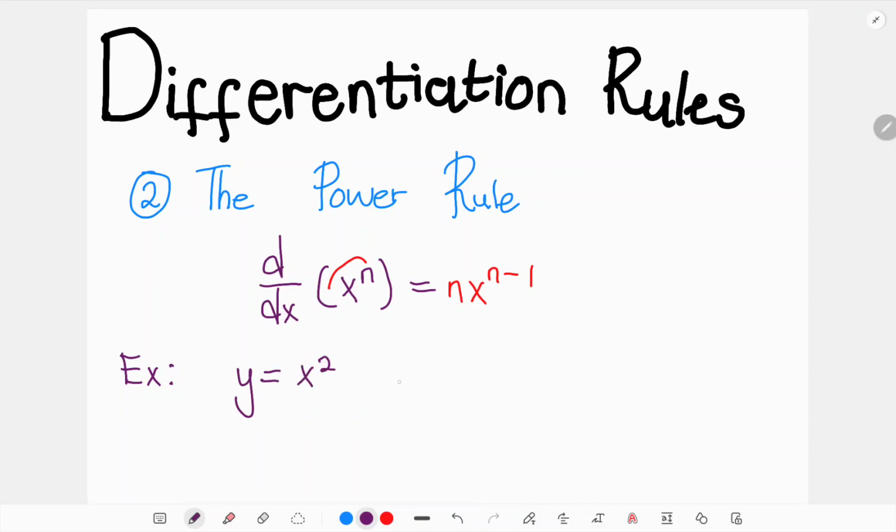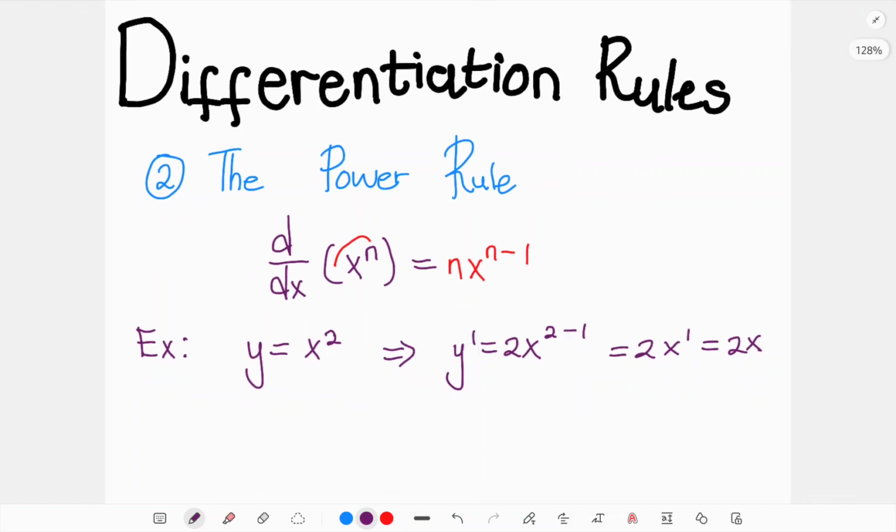To find y prime, we take the 2 down since it's our exponent, and the x remains the same, with the exponent becoming 2 minus 1. What is 2 minus 1? It's just 1, so we have 2x to the power 1, which is just 2x. That's the basic way to do the power rule.